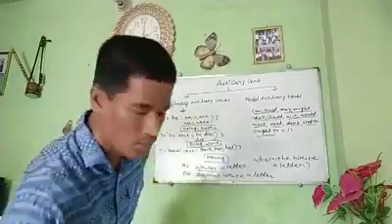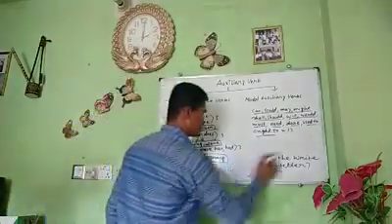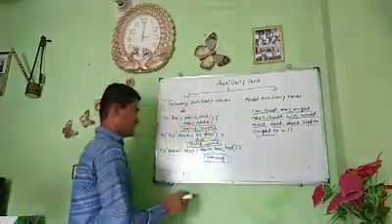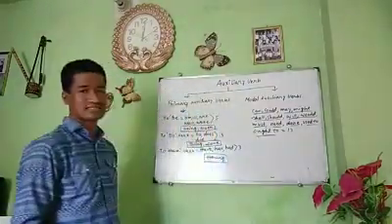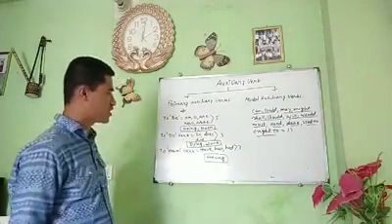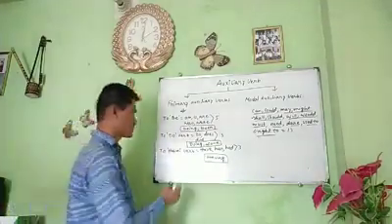Next one, the to have verb: have, has, had. When we use have, has, had in the sentence, the main verb is turned into the past participle form.